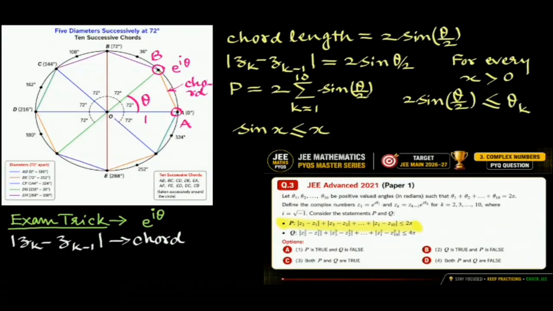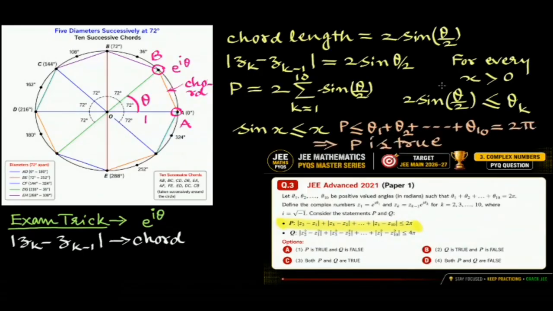Adding all 10 inequalities, P will be less than or equal to theta 1 plus theta 2 plus and so forth plus theta 10, which equals 2 pi. Hence, P is true. Here remember one thing: 2 sine theta by 2 is the chord length corresponding to angle theta, whereas theta k is the corresponding arc length. Obviously, chord length will be less than the corresponding arc length.